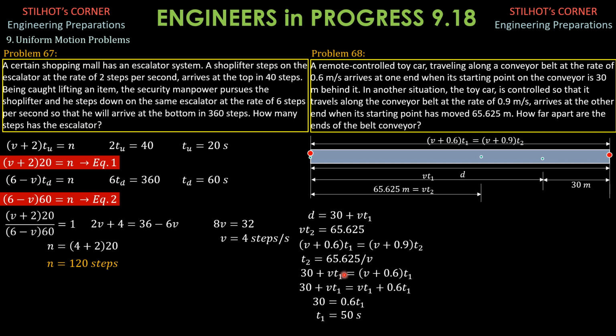We then substitute into this equation the value of T1, which is 50, and T2, which is 65.625 over V, leaving V as the only unknown.